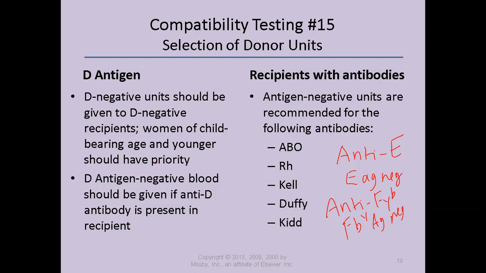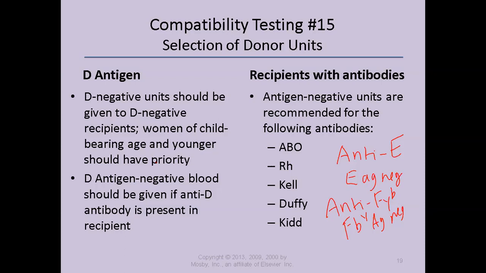The D antigen is very immunogenic, meaning if a person is exposed to the D antigen and they lack it, there's a very good chance they could make an anti-D. This could be really critical in women of childbearing age and younger because it can have an impact on pregnancies, and we'll be looking more closely at that in an upcoming lecture. So they would get priority.